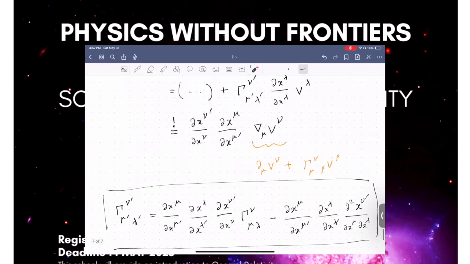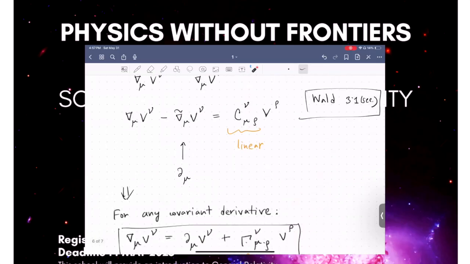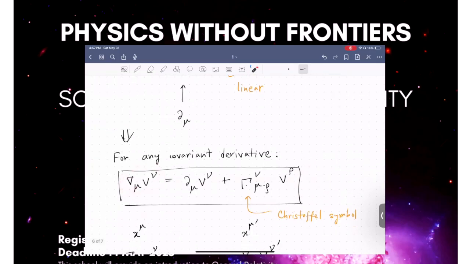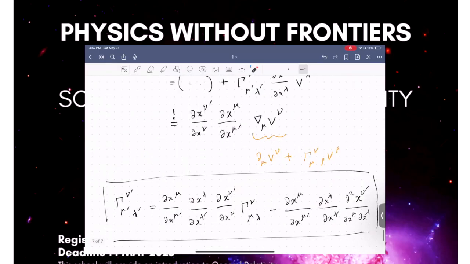Now, what we have is an expression of any covariant derivative written in terms of some quantities that we don't really know what they are. In fact, they can be anything as long as in different coordinates we relate them in this way. So the idea is that you start in a particular coordinate patch. You take an arbitrary object that has three indices. You call it your Christoffel symbol.